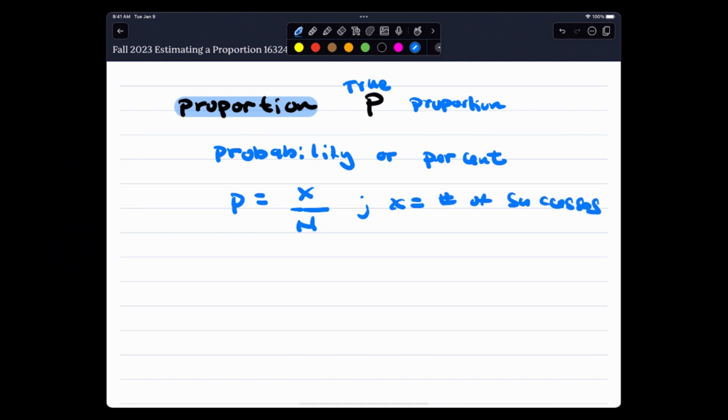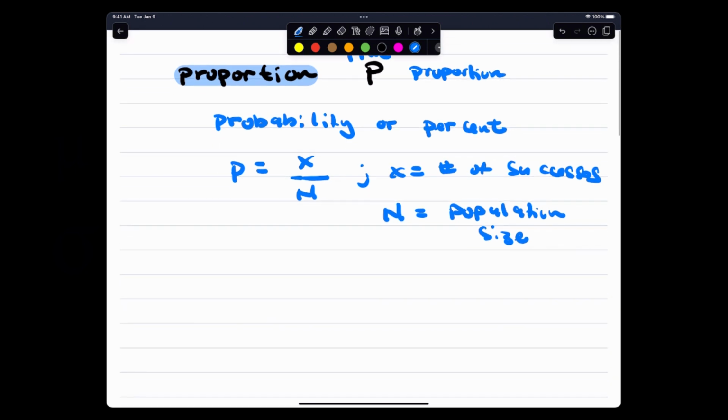We count successes. Big N is the population size. We know about that already.